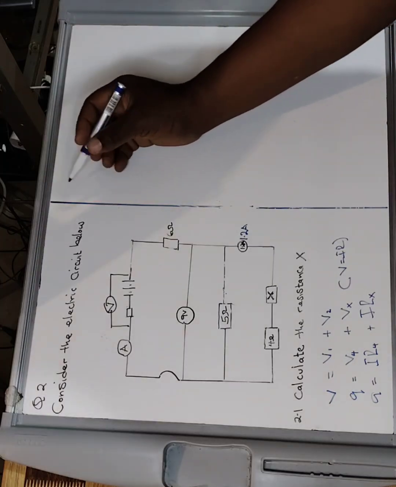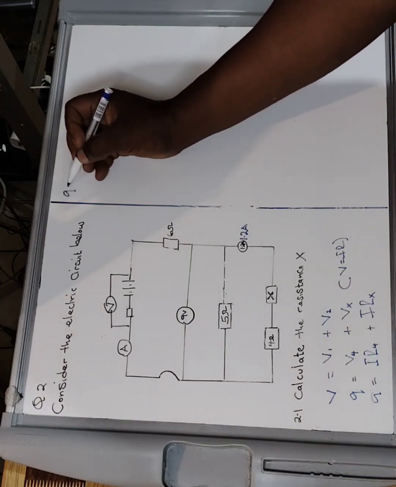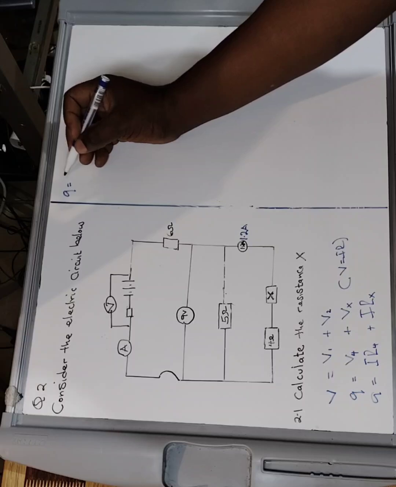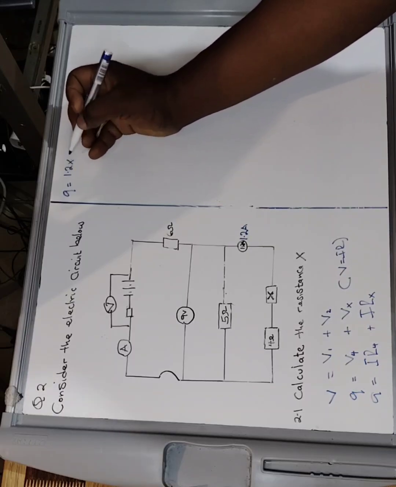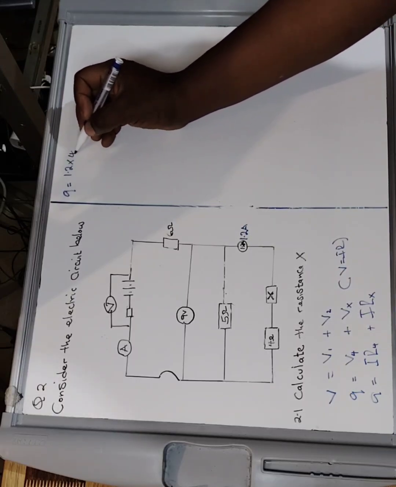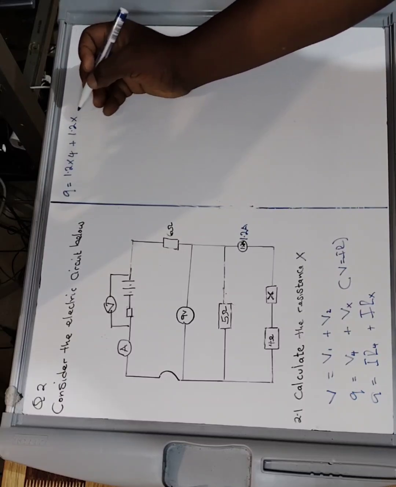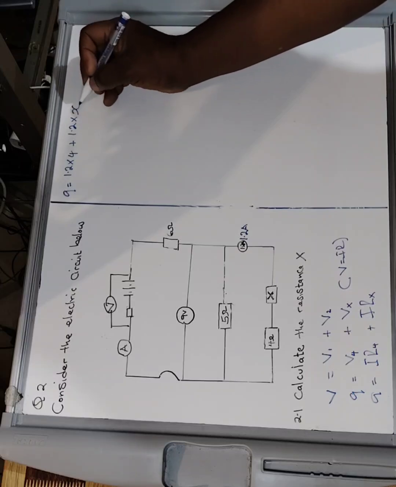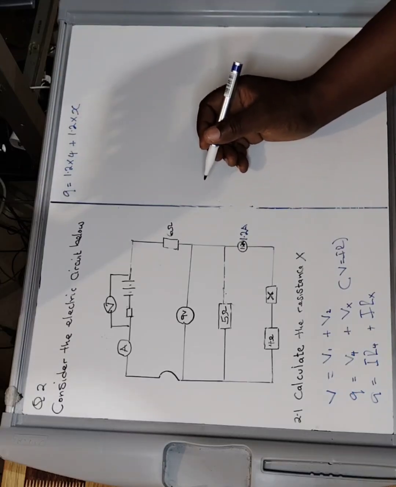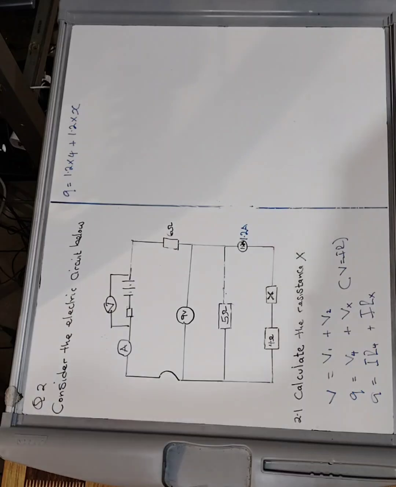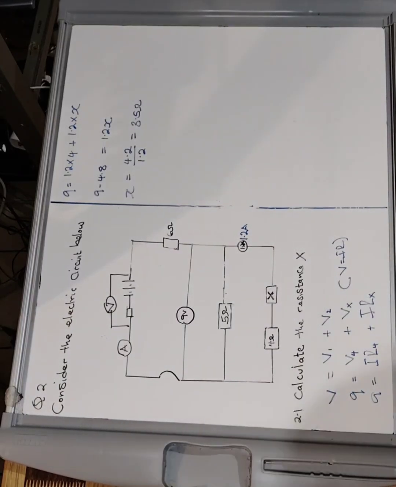So we are going to say 9 is equal to 1.2 times 4 plus 1.2 times X. And from there, we can find out what X is. So that is our X. It is 3.5 ohm.